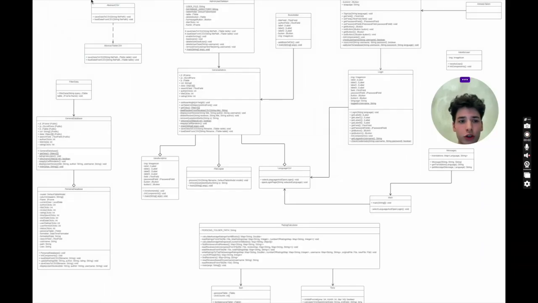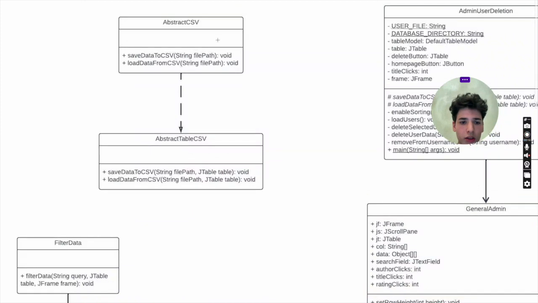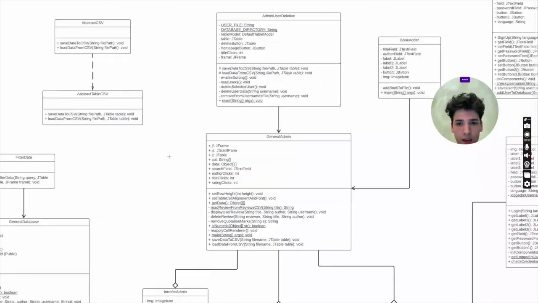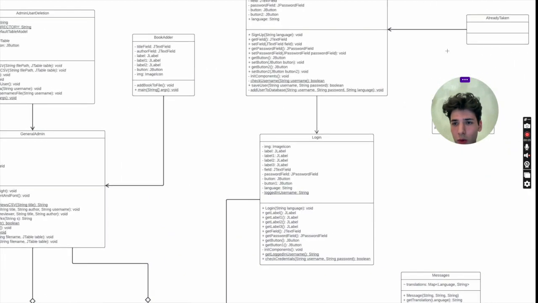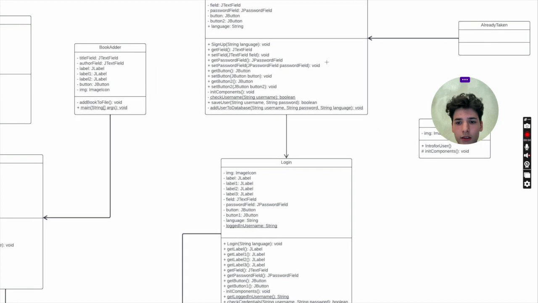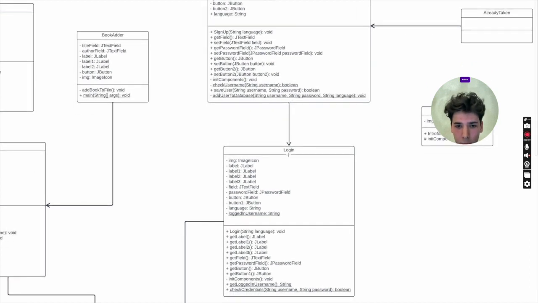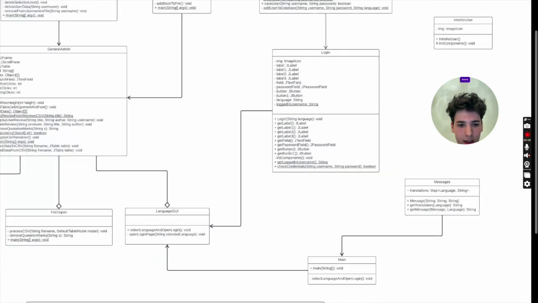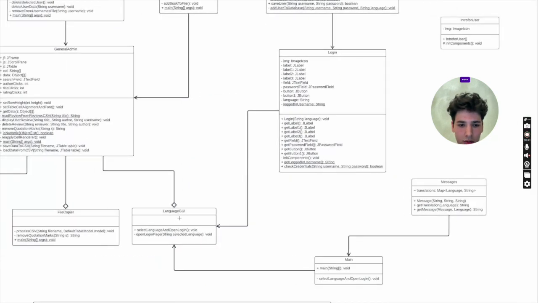Now I would like to show you our UML diagram, according to which we actually built our application. Let's begin with abstract CSV, which has an implementation relation with abstract table CSV. Then we also had our sync up. It was one of our biggest classes, and it has an association with login, which has an association with language GUI.